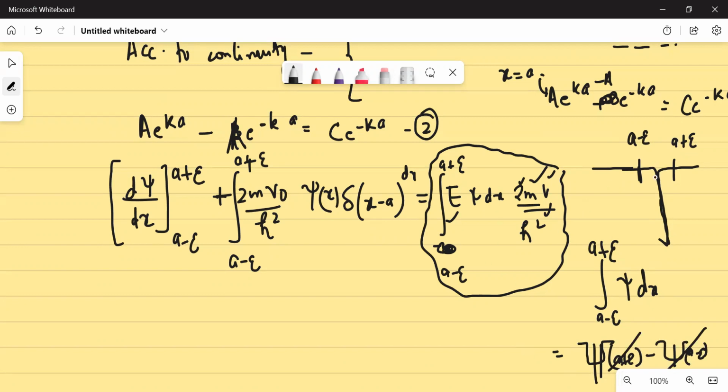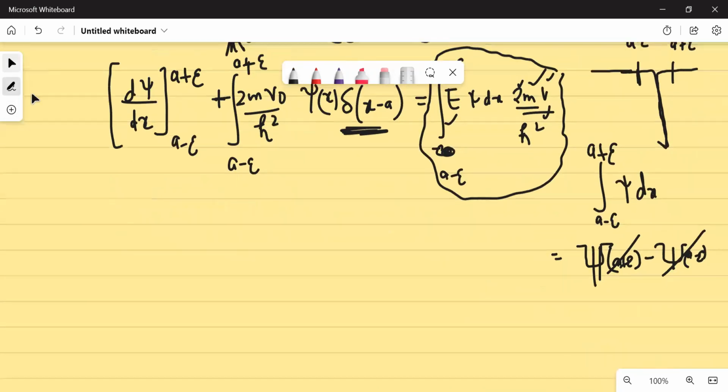But the one situated at x equal to a has a Dirac delta function in this integral. You know that the Dirac delta function at x equal to a is there, so if I integrate, it will filter out the value of the wave function at the point a.